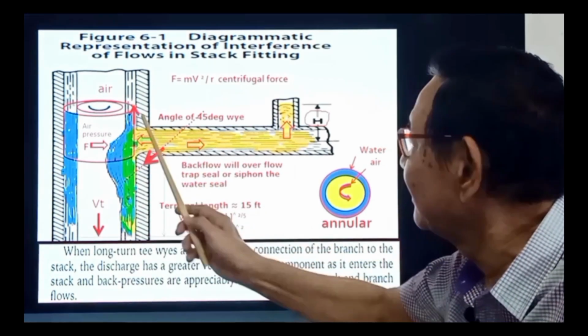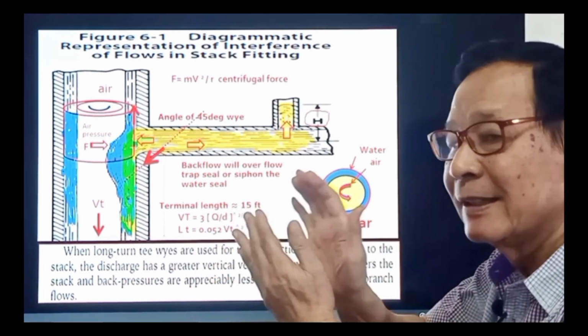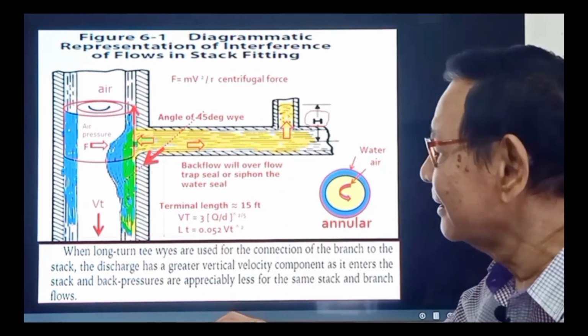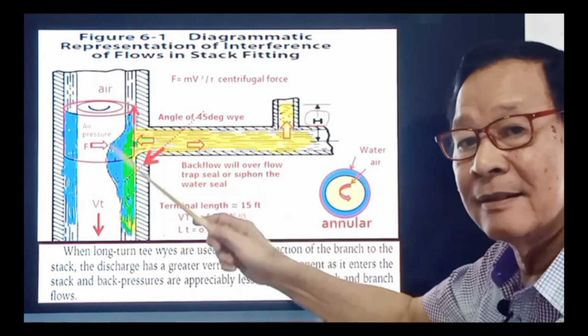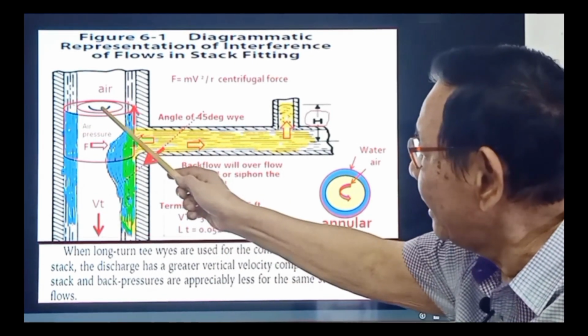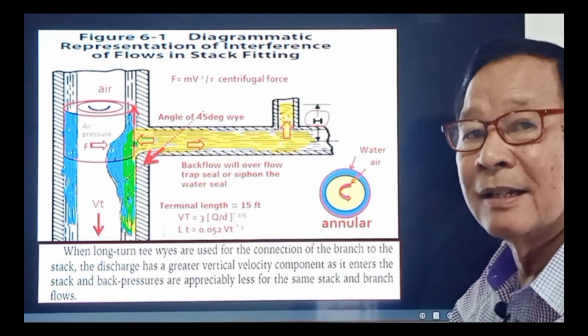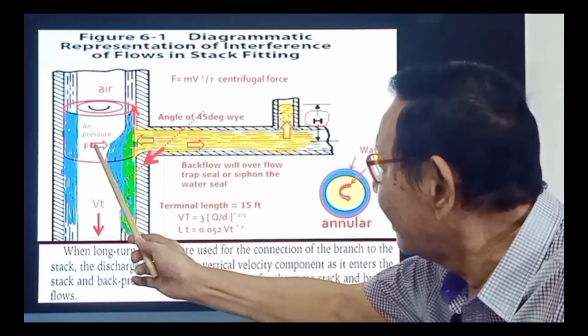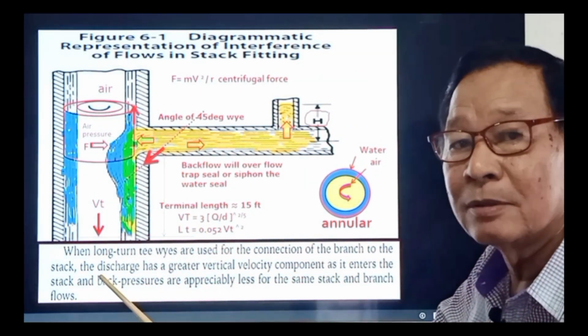Because this one has the capacity to hold the water. Why? Umiikot ito eh. Ito ay umiikot. May centrifugal force ito. Pag-ikot niyan, ang ibang tubig dito, talagang itatapon niya diyan sa loob.